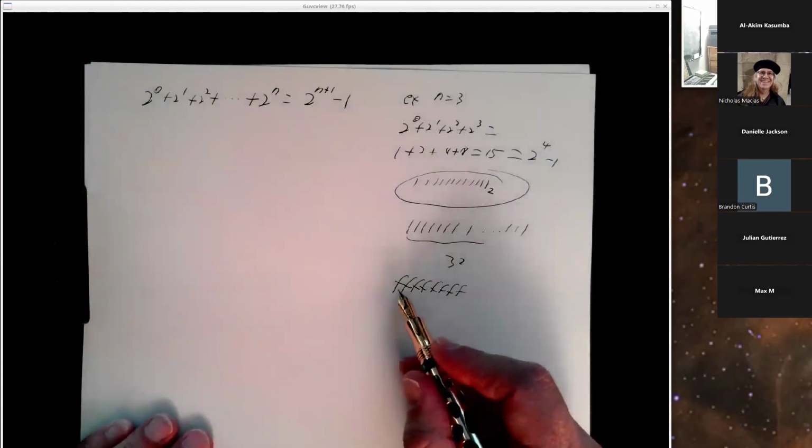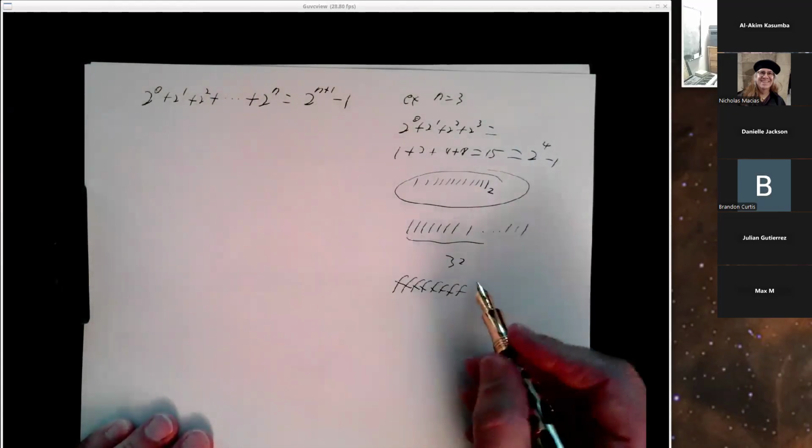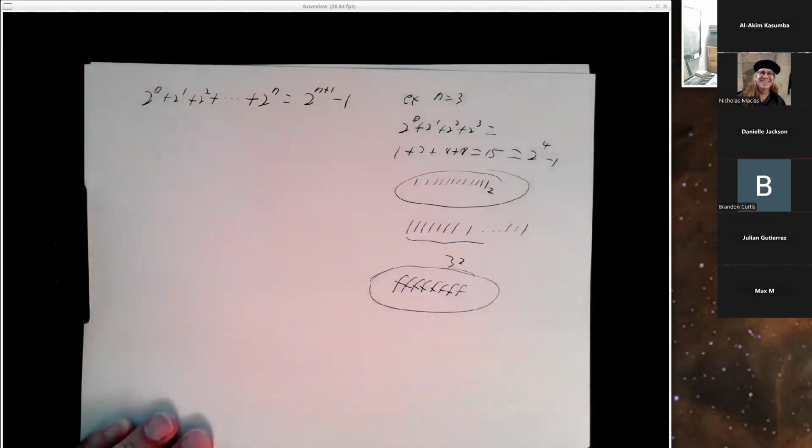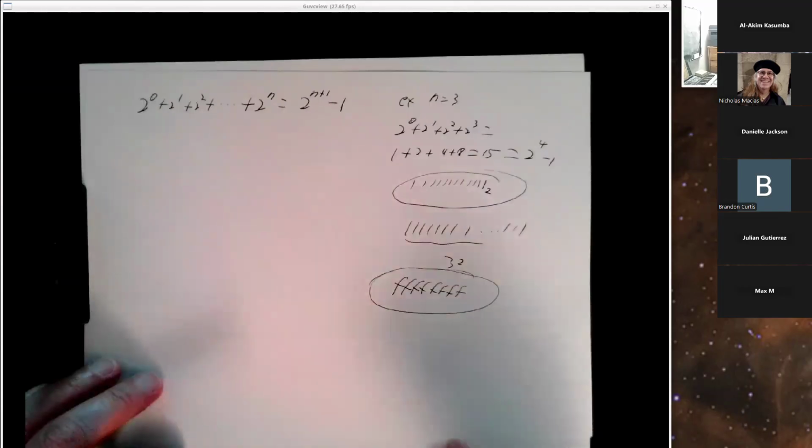Well, an F in hex is just 4 ones in binary. So this is a representation of 32 ones in binary, which is the sum of the first 32 powers of 2, which is 2 to the 32 minus 1, which is the largest number you can represent. It's also a minus 1.